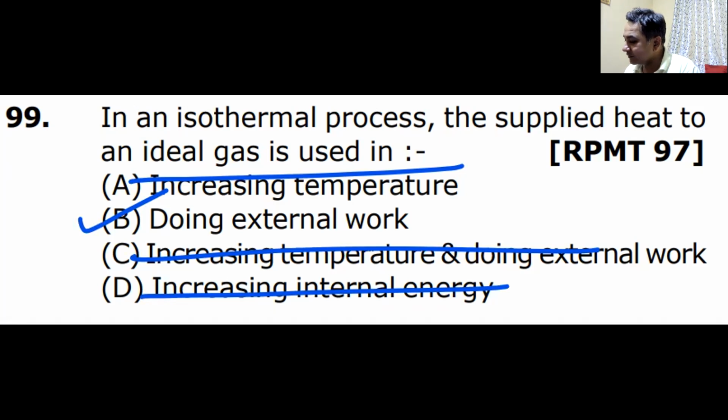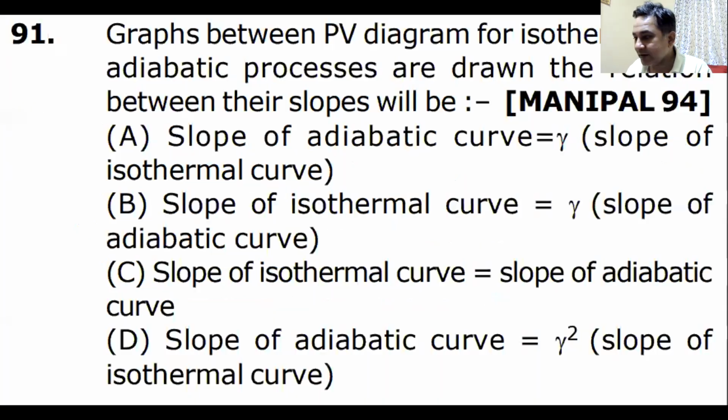Chalo, let's see this one. Again, this is a summer sale, and the gift vouchers are valid here also, so you can redeem yourself. The PV graphs for isothermal and adiabatic processes are drawn. What is the relation? AB, CD.